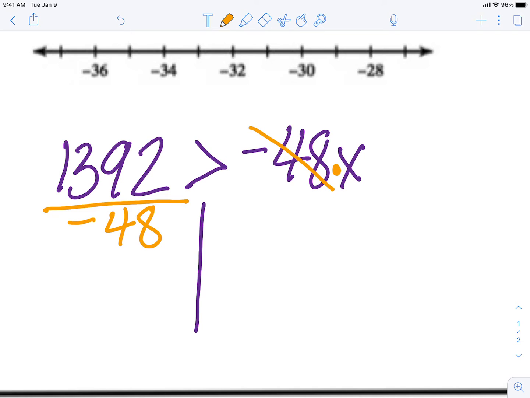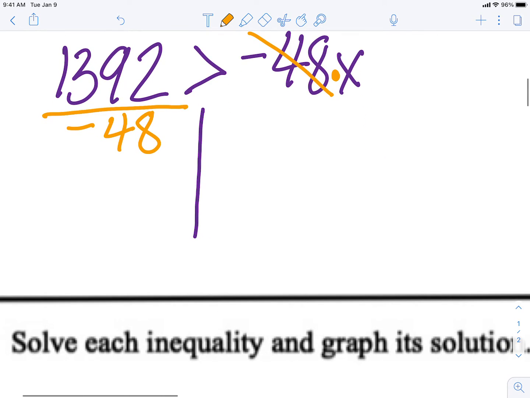Now, look what happens here. My x comes down. But look what I'm dividing by. I'm dividing by a negative. You see this negative here? When I divide by a negative, this arrow is going to flip.